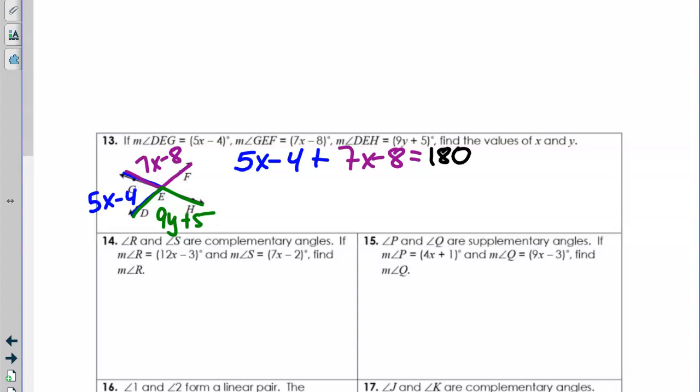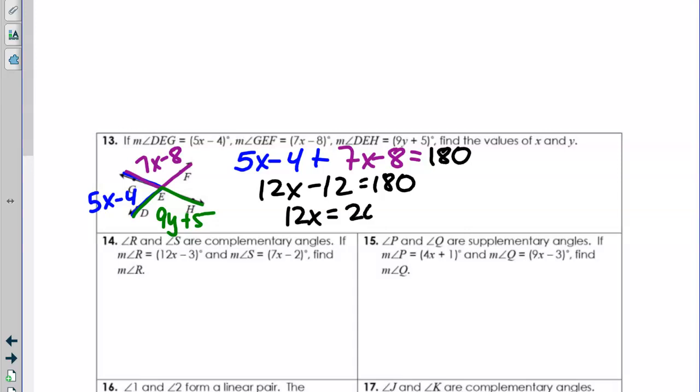All right, we'll solve there, and then we'll worry about y in a moment. What do we do first? Very good. What's 5x plus 7x? 12x. Negative 4 minus 8. Add the 12 over.